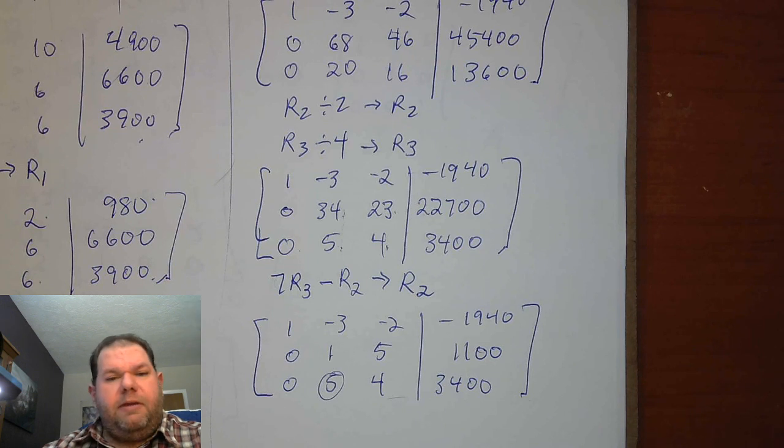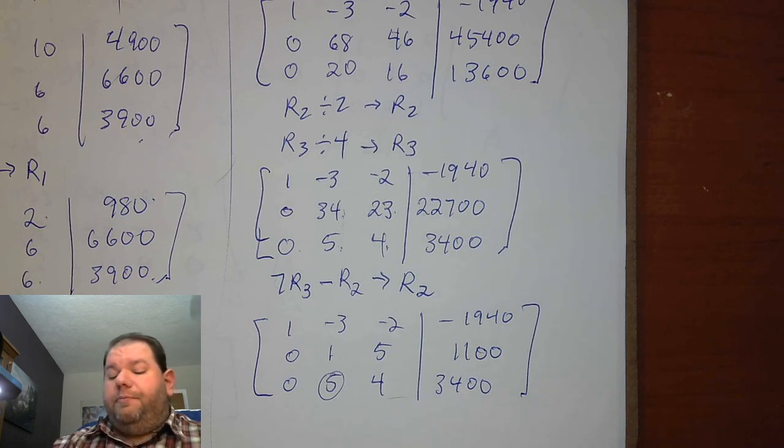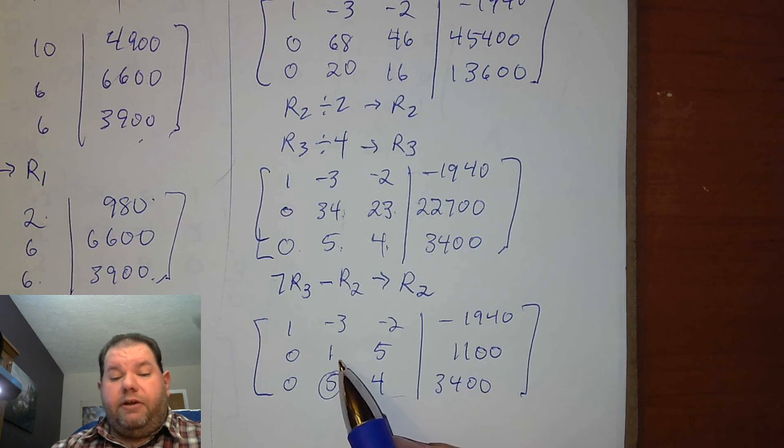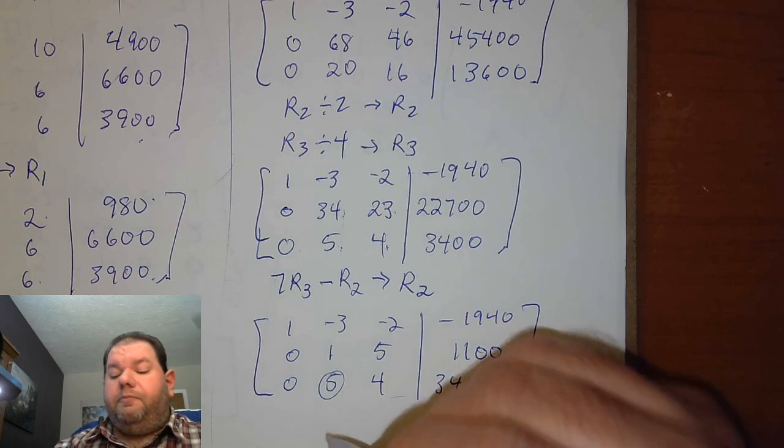Not low, but maybe in the double digits, not like hundreds. Some of them may be single digits, I'm not sure. I guess we'll find out. But we want to make this a 0. Now we have a 1 here already, which is great, because now we can just take row 3 and subtract row 2 5 times, because 5 minus 5 would give us a 0.